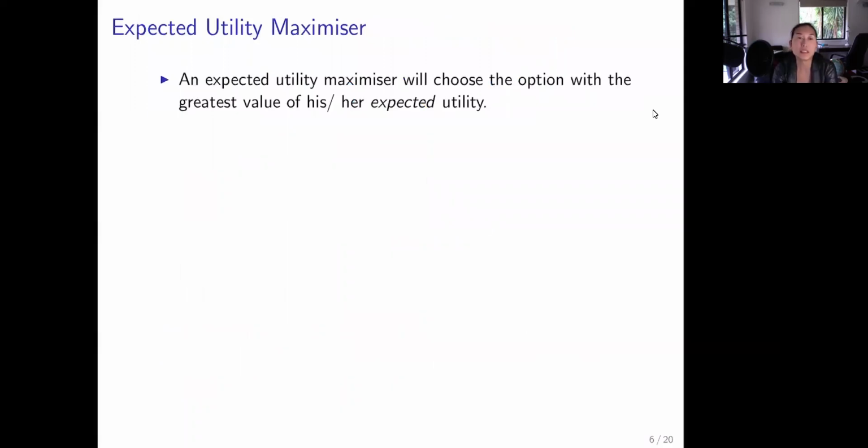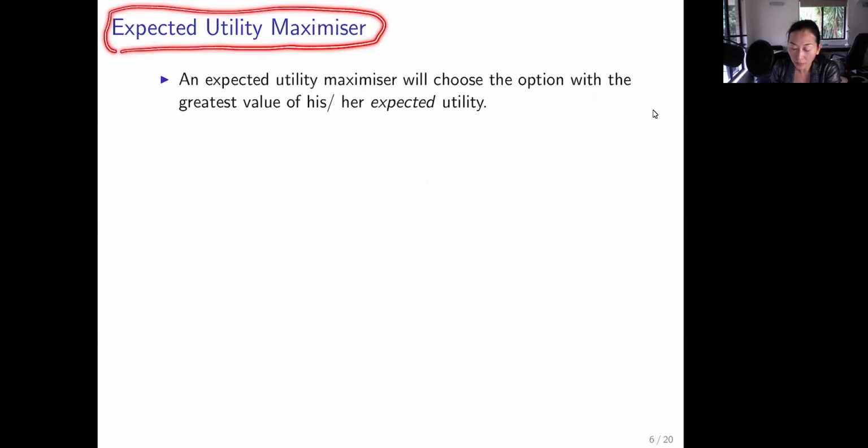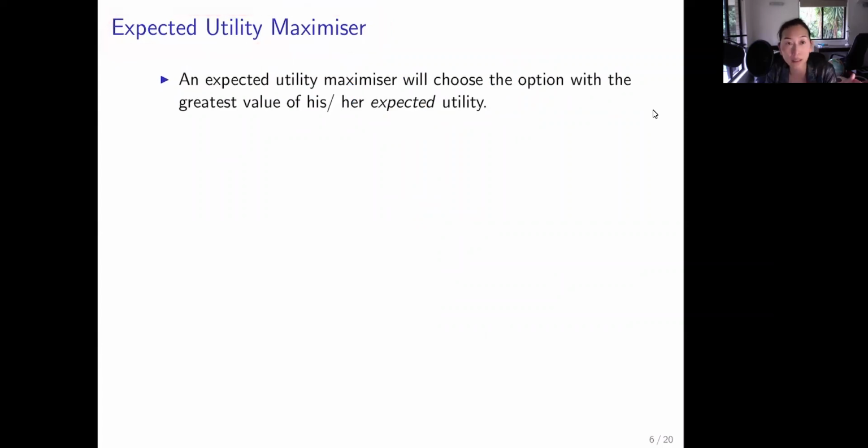Okay, so the next concept, expected utility maximizer. A consumer would maximize the expected utility when he or she faces uncertainty. She's just not going to maximize utility.